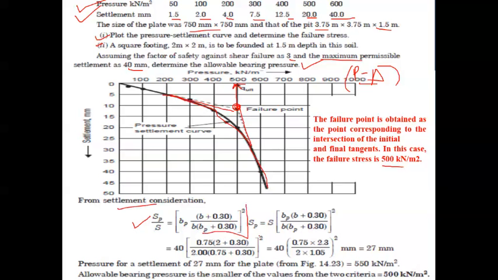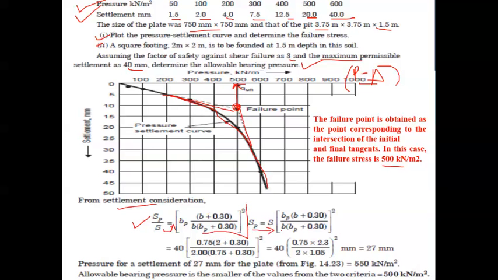Then rearranging the terms, this will be the final form. So Sp is equal to S, shifted to the right hand side, into Bp into (B plus 0.3) divided by B into (Bp plus 0.3), the whole square.